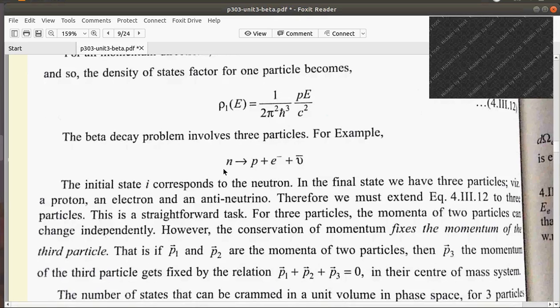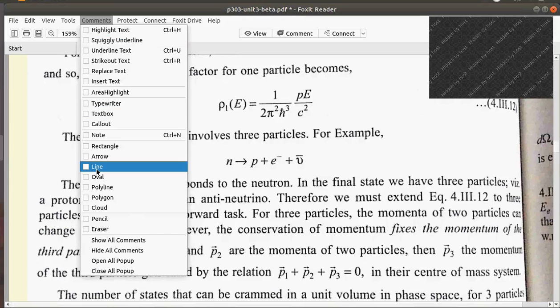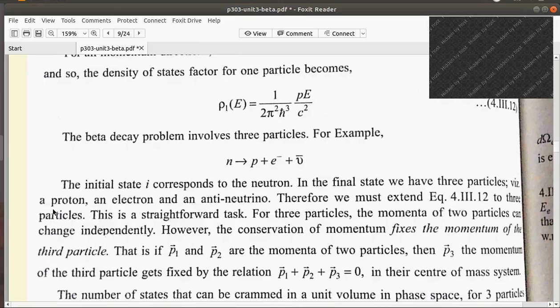So initially you have a neutron, that is the initial state, and the final state is a proton, an electron and an antineutrino. In the final state we have three particles.